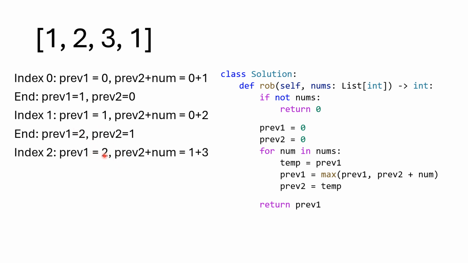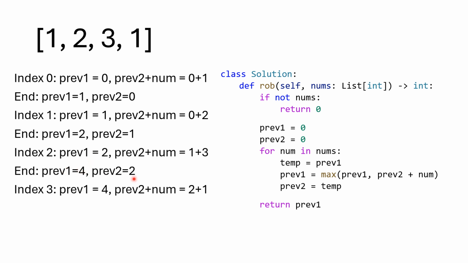Currently previous one is 2, and previous two plus num is 1 plus 3, which is 4. So we end up with previous one now 4, and previous two is 2. Finally, at the end, we get the maximum of 4, and we return previous one.